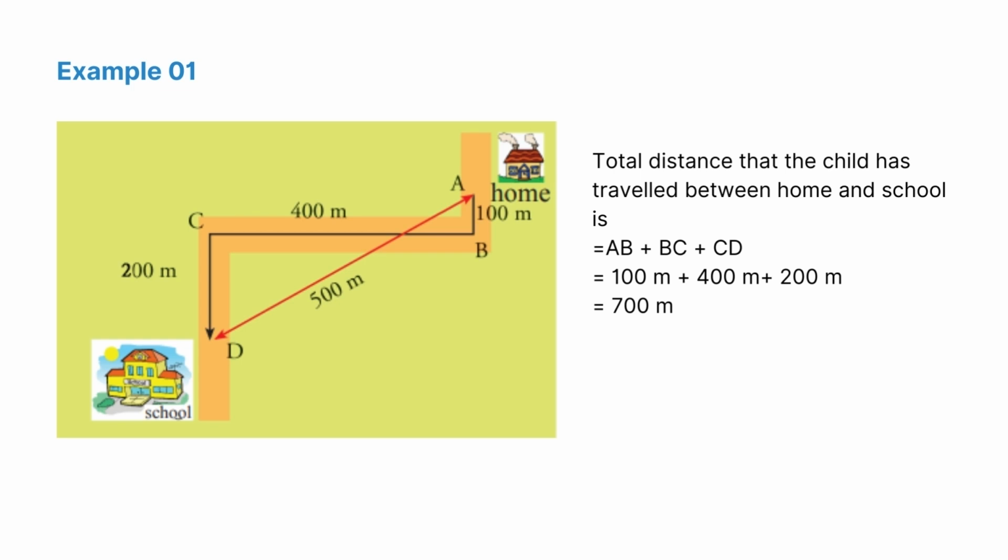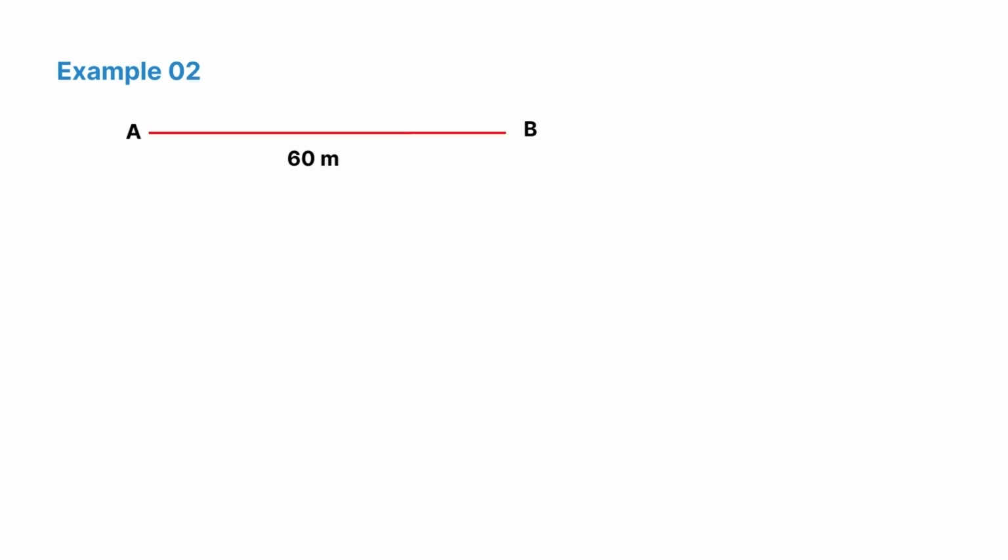Here we will use the starting point A and end point D, and also here they have marked the length. The shortest distance is 500 meters, so the displacement is 500 meters and the direction will be A to D. So as you can see, the child started from home and went to school. The distance traveled by the child is 700 meters, but the displacement of the child is 500 meters, A to D. We will look at another example.